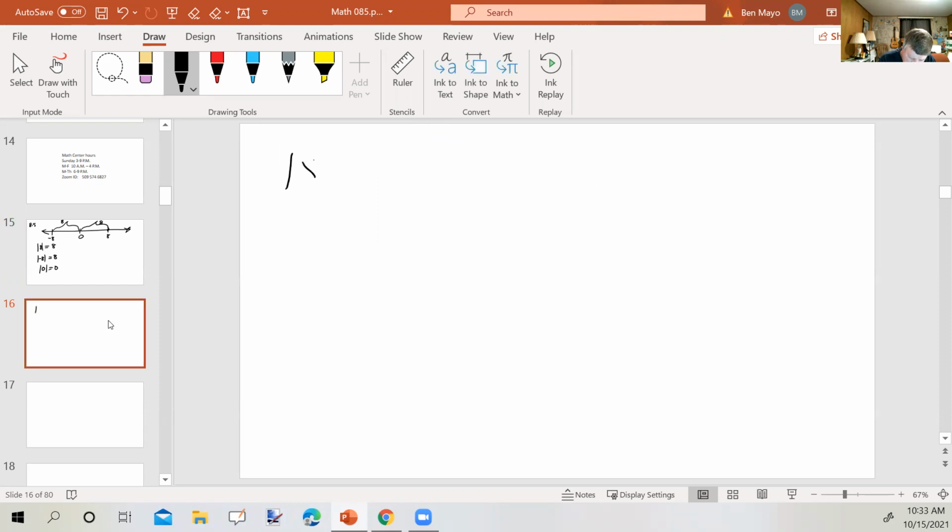Okay. Let's say we have the following equation. The absolute value of x equals 7. So what numbers could we put inside the absolute value bars for which the absolute value of that number would be 7? Well, the absolute value of 7 is 7. The absolute value of -7 is also 7.